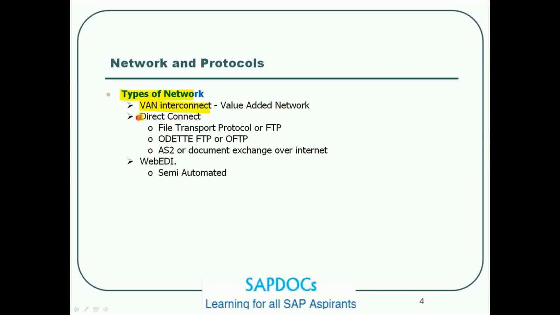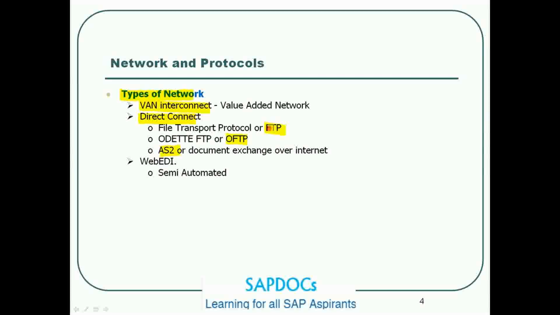The second is direct connect. In this case, there is a point-to-point connection between the sender and the receiver of the data. The protocols used for direct connect in sending the data are FTP, OFTP, or AS2.